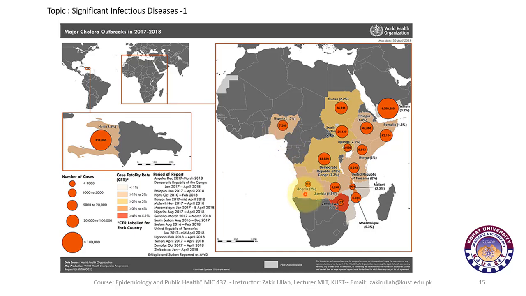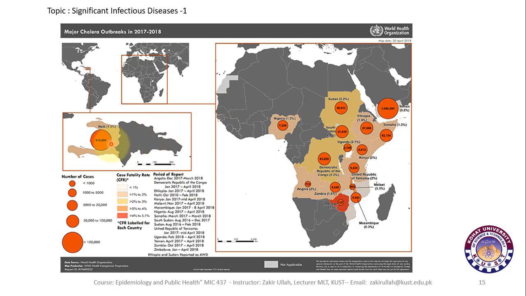And Angola, in which there were 2% of cases, 713. Zambia, then Sudan, South Sudan, Ethiopia, Somalia, Kenya, the United Republic of Tanzania, Malawi, Mozambique, Zimbabwe, and Yemen.